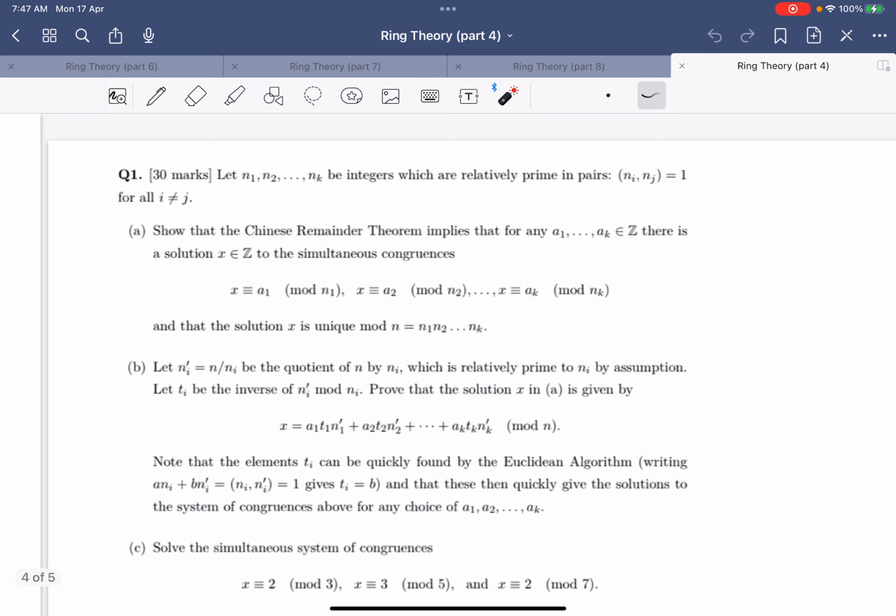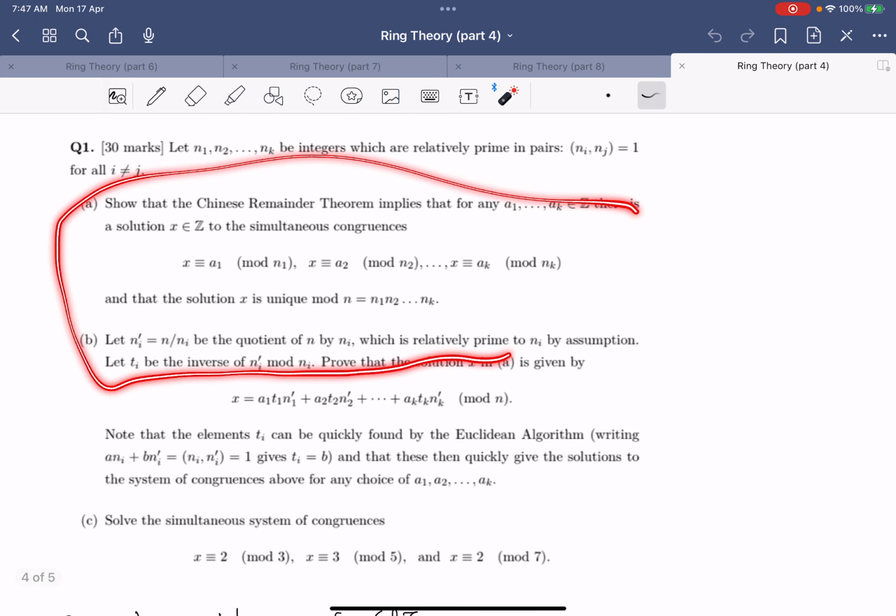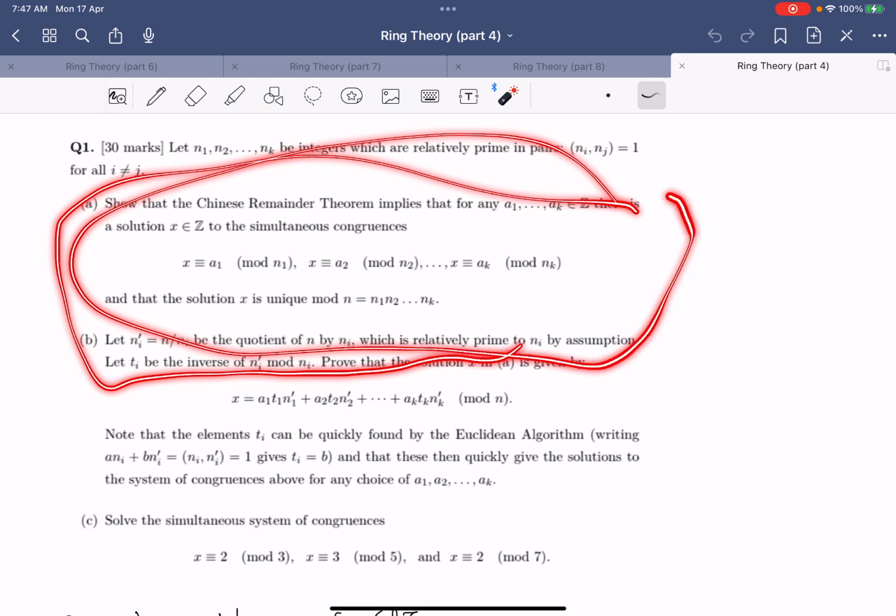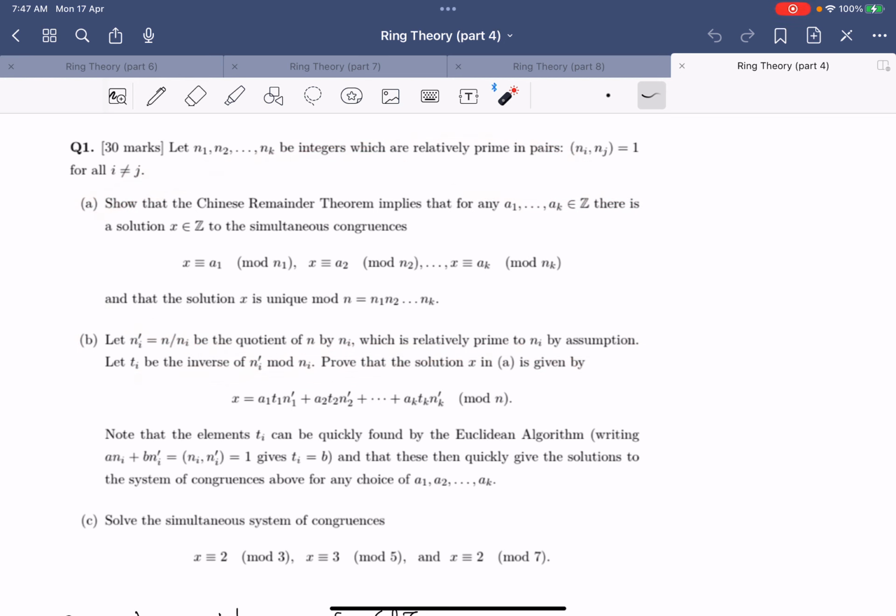Now, reformulated, the Chinese remainder theorem can be restated as the following: for any k integers, there is a unique solution to the simultaneous congruence equations where x is congruent to a1 mod n1, congruent to a2 mod n2, and so on, and the solution x is unique mod n, where n equals n1 times all the way to nk.